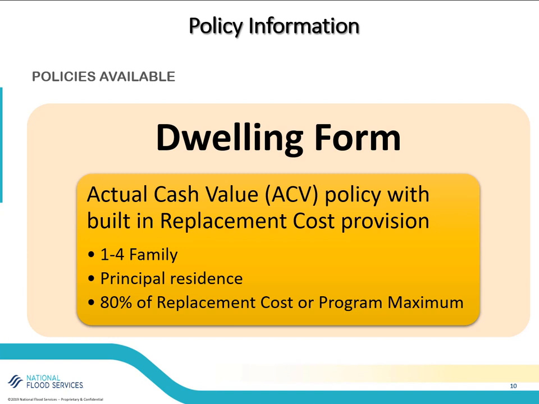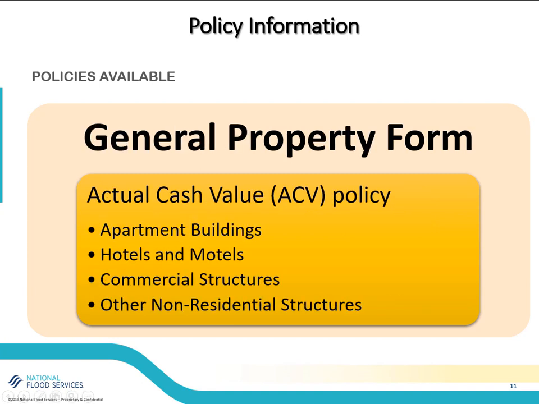The third qualification is that the structure has to be insured up to 80% of the replacement cost at the time of loss or the maximum coverage available in the flood program. If all 3 of these qualifications are met, the loss is then paid replacement cost for the building coverage. If all 3 qualifications are not met, then the loss is settled actual cash value.